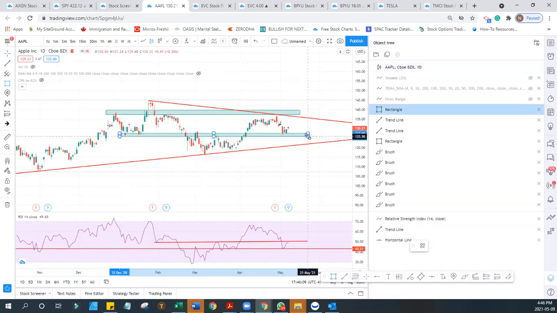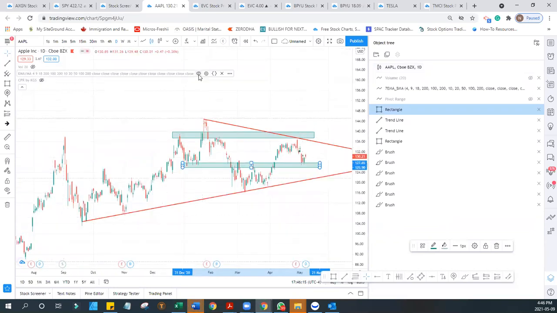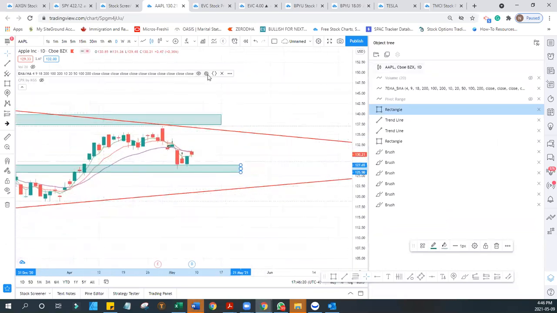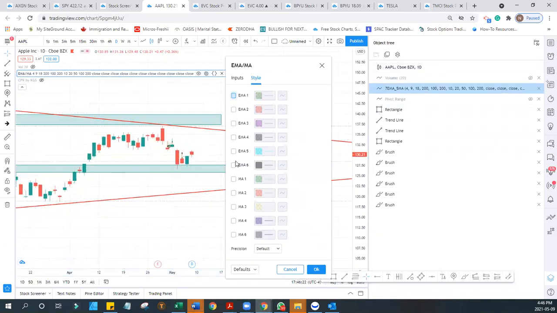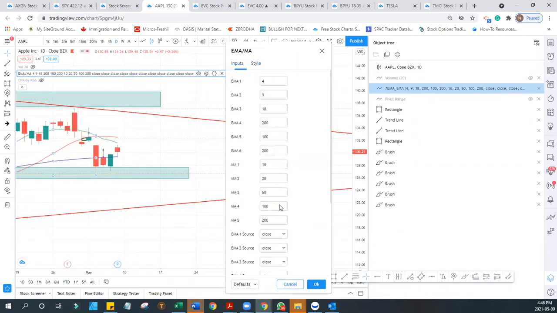If you see the Bollinger Bands, it is still above SMA 20. Let me see here. We have the SMA here too. It's taking a support, which is yellow. Yellow is my 50.